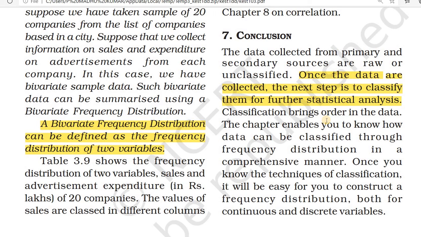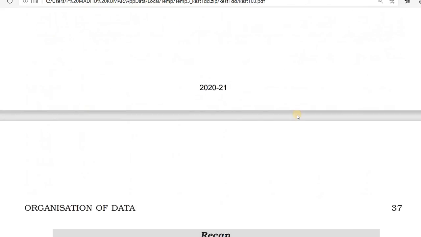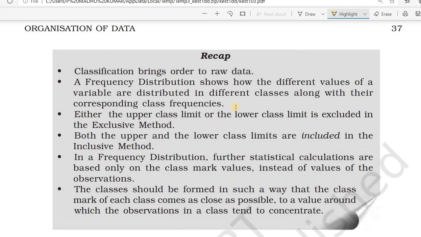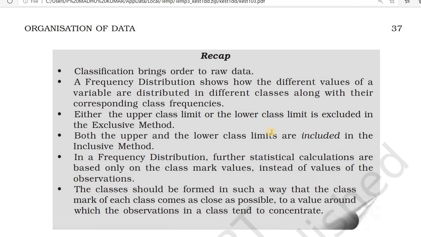Then we studied the exclusive and inclusive methods, frequency distribution, different classifications of data, and the frequency curve. Especially we studied class mark, what is class limit, what is range between 0 to 100, suppose 0 to 10, 10 to 20, 20 to 30, 30 to 40, like that classes are there.